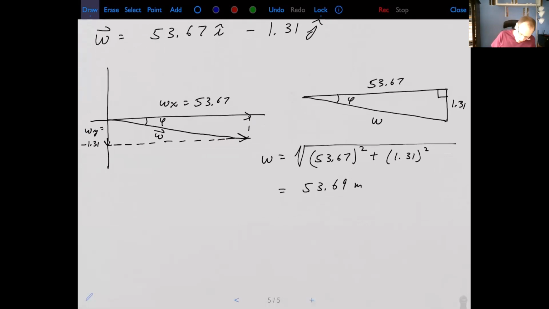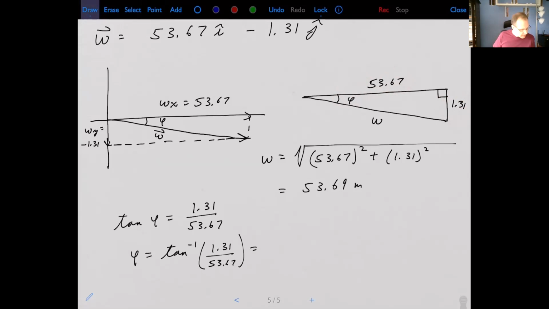So I know that tan of phi is going to be opposite divided by adjacent, right? Relative to this angle phi, this is the opposite side, this is the adjacent side, so TOA. So that means phi, if I take the inverse tan of both sides, I get phi is equal to the inverse tan of 1.31 over 53.67. And that turns out to be, it's a very small angle, right? Around 1.4 degrees.